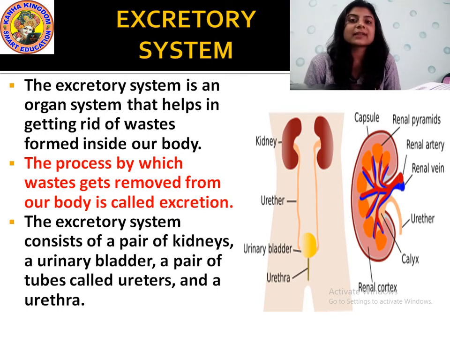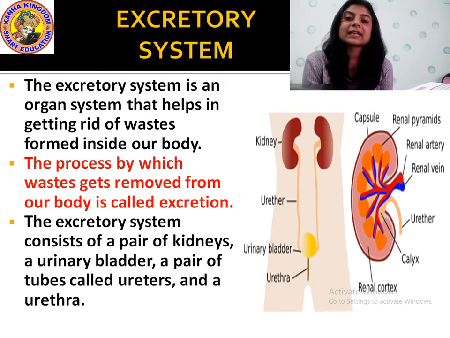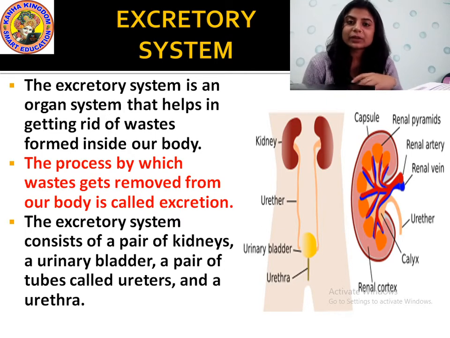Okay? What is excretory system? The excretory system is an organ system that helps in getting rid of waste that is formed inside the body. The waste product that is formed inside the body is excreted by this excretory system. Like when we feel to pee, when we feel to urinate, this urine is the water that we drink.